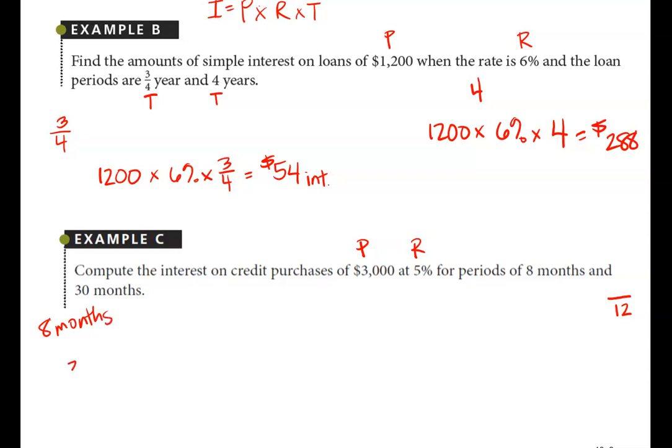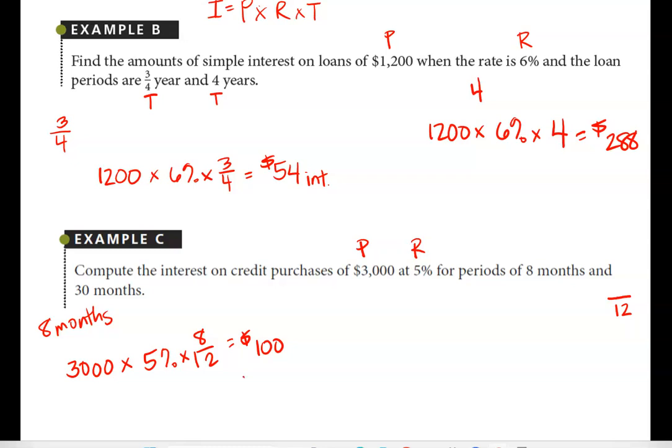Again, I'm taking my principal amount, $3,000, times 5% times 8 over 12. And this gives me $100 in interest that I'd have to pay back.